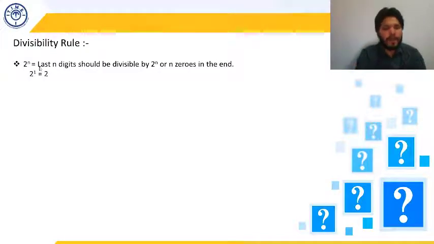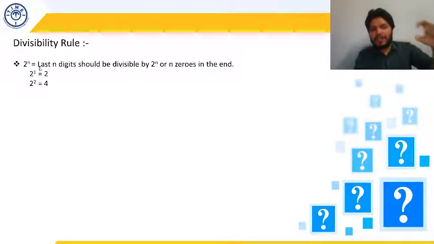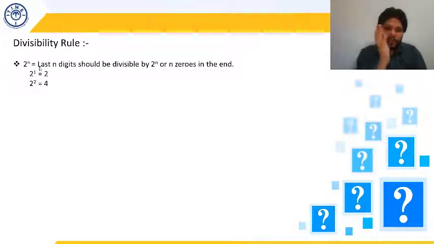Next, what is 2 to the power 2? What is the divisibility rule of 4? 4 is written as 2 to the power 2, so it is also of the form 2 to the power n. To define whether a number is divisible by 4 or not, we check the last two digits, because it is 2 to the power 2, so n here is 2. If the last two digits are divisible by 4, then the number is also divisible by 4. Let's take an example.